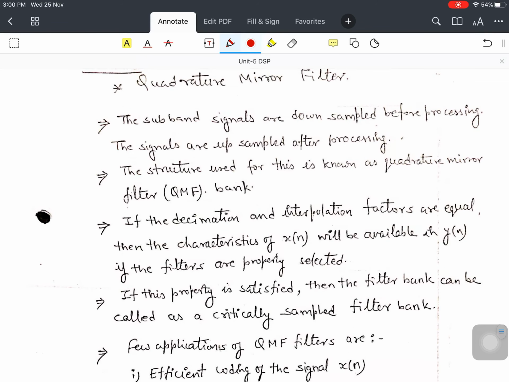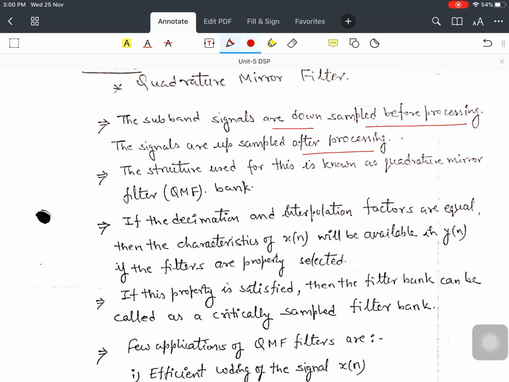The subband signals are downsampled before processing. So, first step, the subband signals are downsampled before processing, and the signals are upsampled after processing. First we have to do downsampling, and after processing we have to do upsampling.